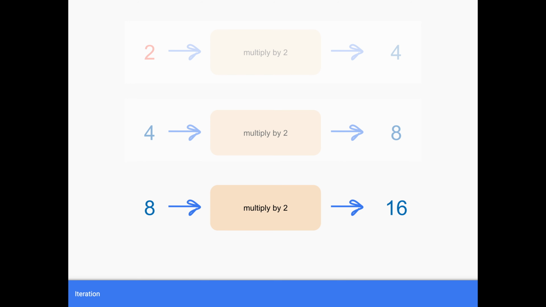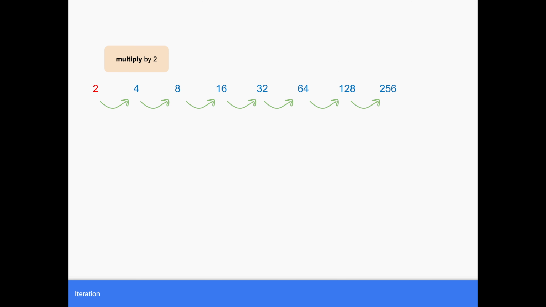So you can see how this works. If we did it for a while, the numbers coming out of the machine would get bigger and bigger. We start with 2, and the machine produces 4, 8, 16, 32, and so on.